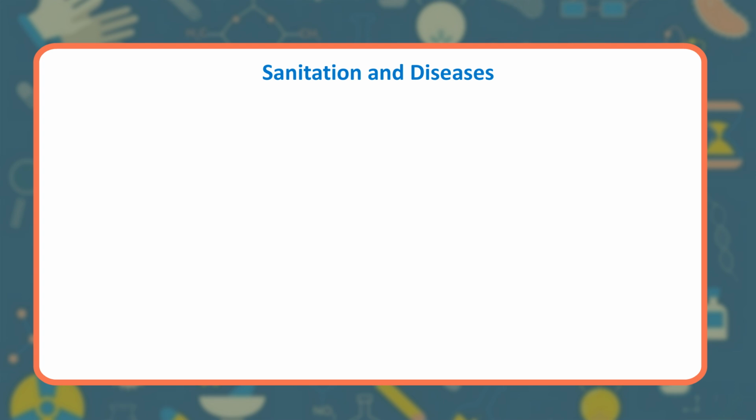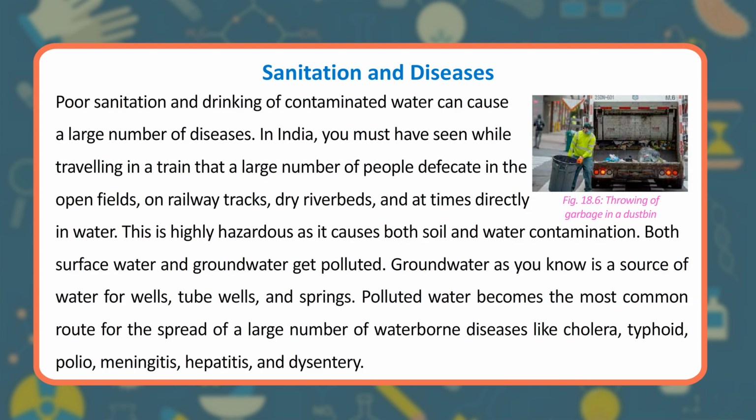Sanitation and diseases. Poor sanitation and drinking of contaminated water can cause a large number of diseases. In India, you must have seen while traveling in a train that a large number of people defecate in the open fields, on railway tracks, dry riverbeds, and at times directly in water. This is highly hazardous as it causes both soil and water contamination.